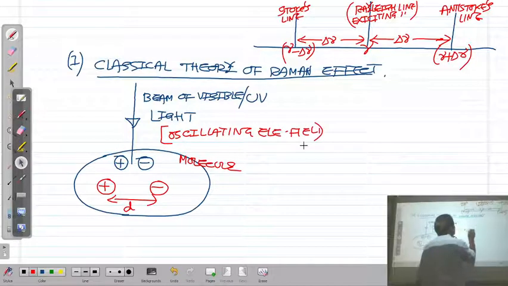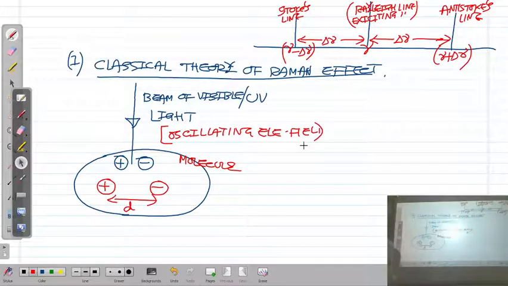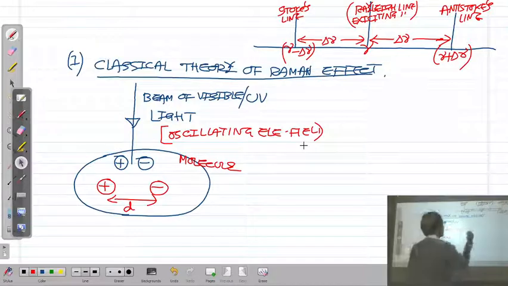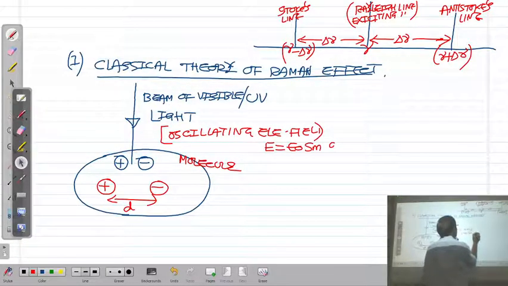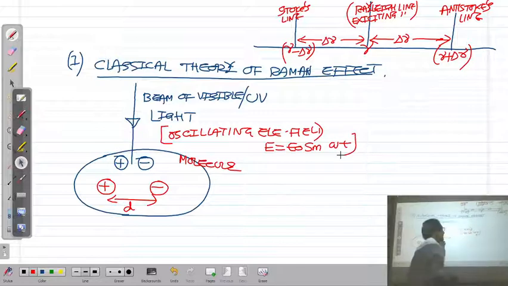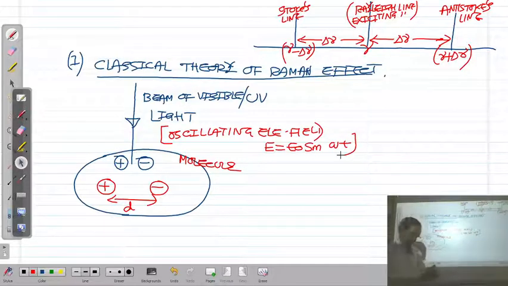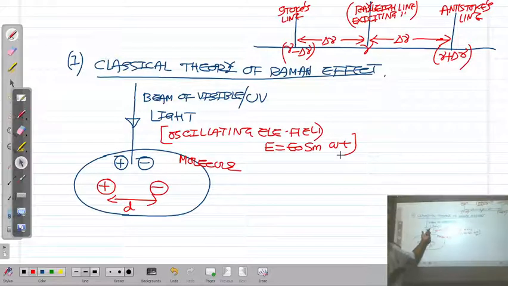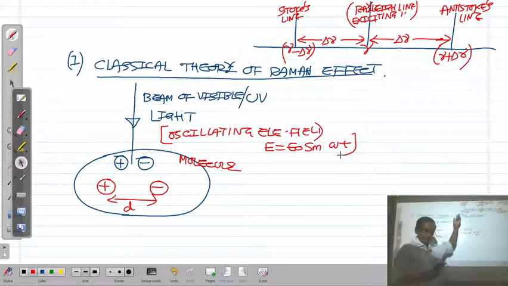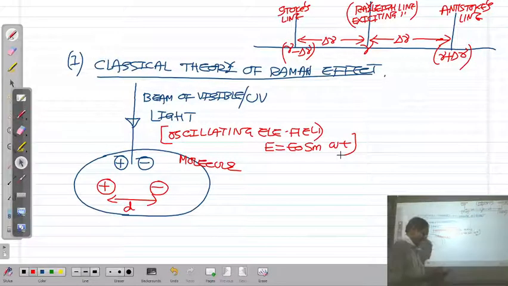You studied in 11th class standard what is the electric field of the incident light? The electric field of the incident light is E is equal to E0 sin omega t, the oscillating electric field of the incident light.